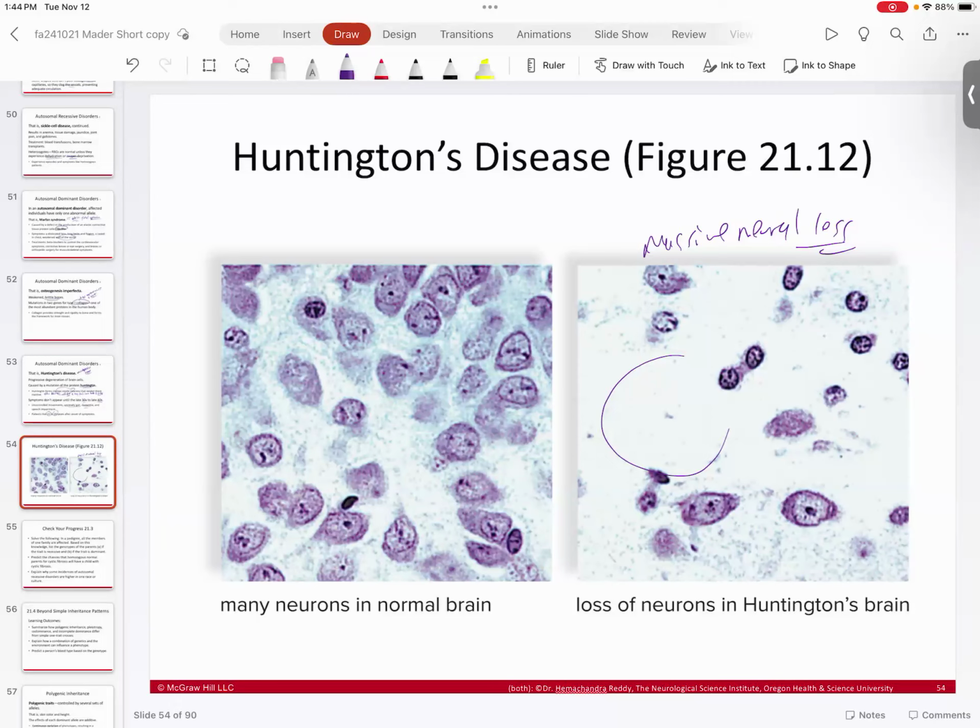And then here they are now at about the same age as their parents were when they first got the symptoms manifesting. And then they realize that now they also have Huntington's, and they're going to have to go through the exact same thing that they saw their parents go through.